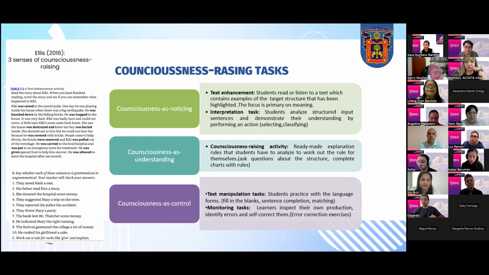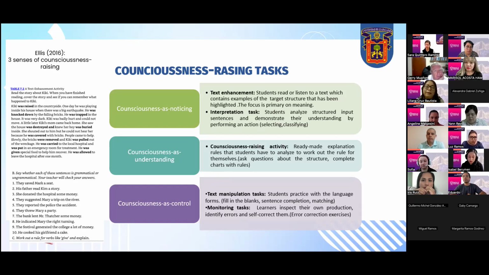In this area, he proposes 2 types of tasks: text enhancement tasks and interpretation tasks. These types of tasks help students only to notice the grammatical forms. Students are usually given a text that contains the target structure, and this text highlights with different colors, or underlines the new grammar structure, so students can focus their attention on those structures.